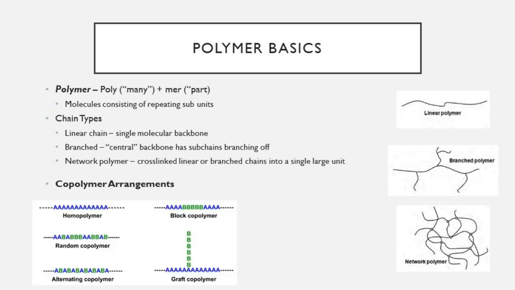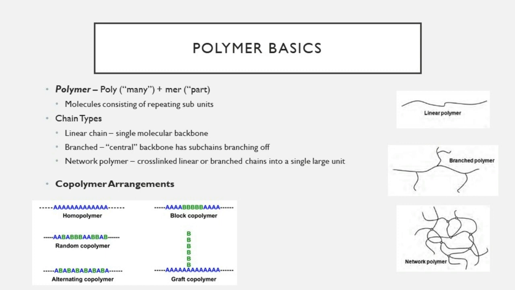Furthermore, polymer chains don't need to consist of the same repeating unit, like in the case of a homopolymer. They could also consist of two separate linear chains that are bonded together in the form of a block copolymer, which have their own separate sections. A randomized copolymer, on the other hand, are ones that have different repeating subunits randomly mixed in with each other.